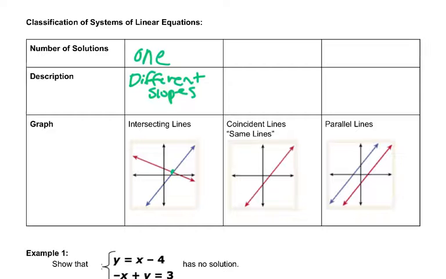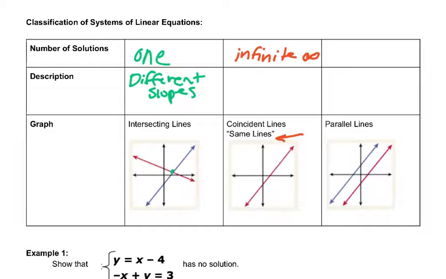So then we have our special ones. Taking a look at what we have here, we have what they call coinciding lines, coincident lines, which are the same line, okay? And so if we have the same line, how many times does one line exactly on top of another line touch? And that's going to be infinite solutions. And of course we could use our fun infinity symbol.